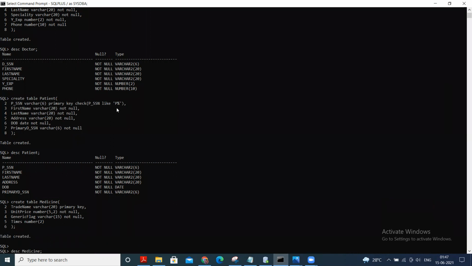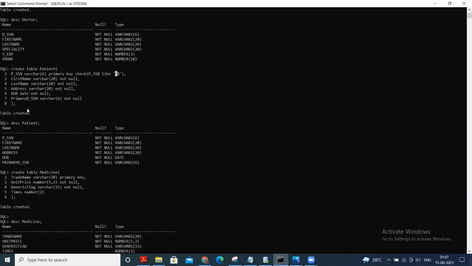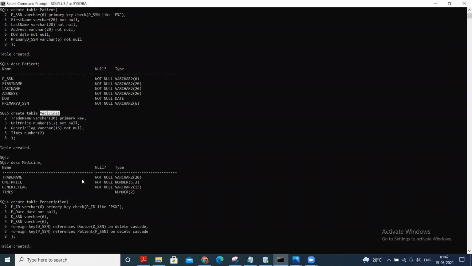And here DR% or P% means the first two letters are DR, and then anything can be there, but the total size must be 6. Here also it must be 6, and here the first letter is P, and then anything can be there. So the patient table has been created, and the medicine table has been created here.